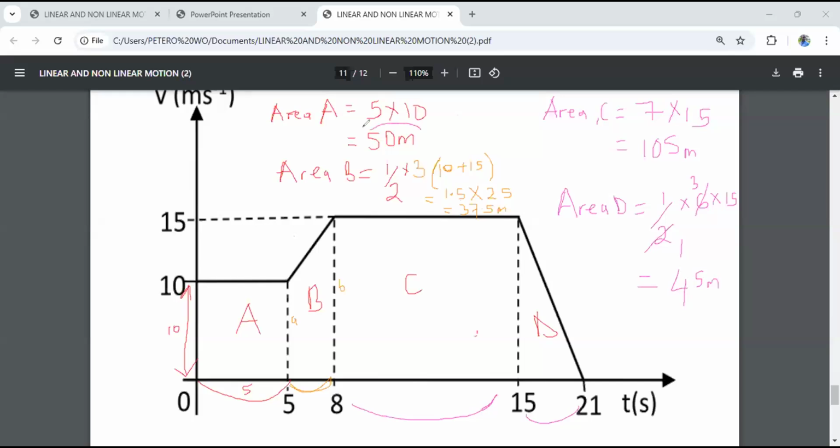So when we add these areas that we have got, the 50 plus the 37.5 plus the 105 plus the 45, the answer we get is the correct distance that we should be having. So we have 50 plus 37.5 plus 105 plus 45. Hope we calculated everything well.